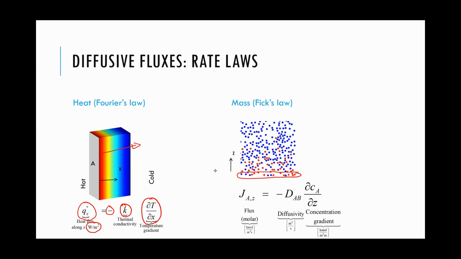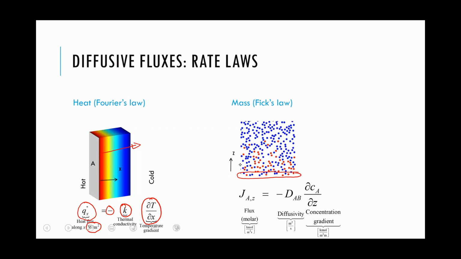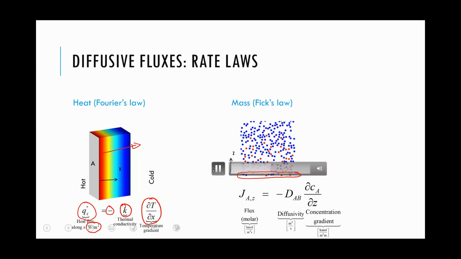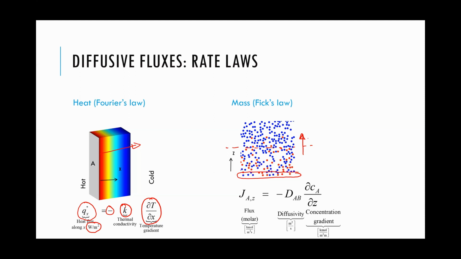Remember, they're moving randomly, but even though they're moving randomly, if you think of an imaginary line, more reds will go that direction than the other direction. So the net result would be things going in this direction, from where there is more to where there is less.